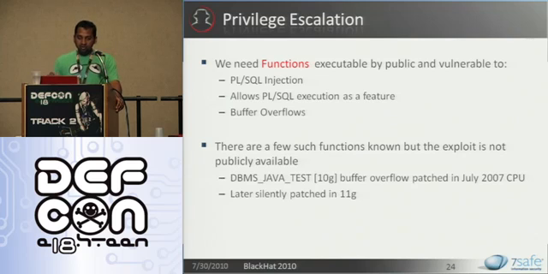We will call the function in the SQL, and as an argument to that function, we pass PL/SQL. There are a few such functions known, but the exploit is not publicly available. For example, DBMS_JAVA_TEST is the name of the package. A function exists within this package which had a buffer overflow vulnerability.